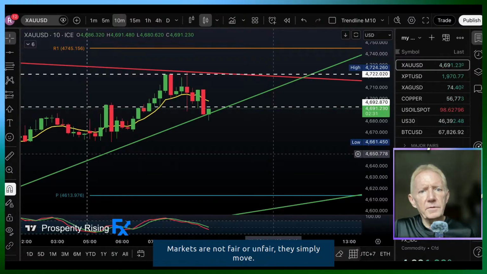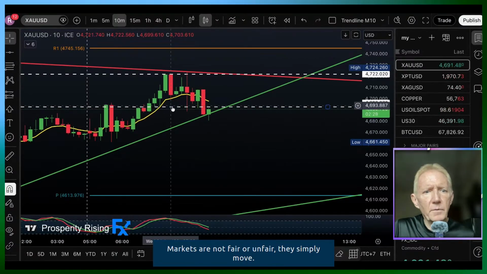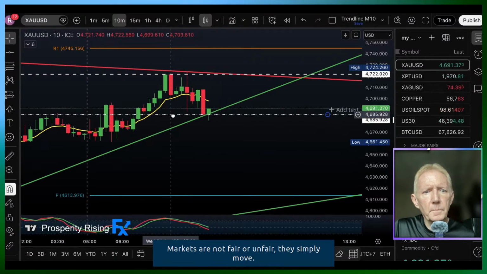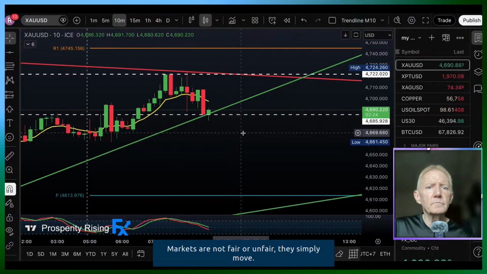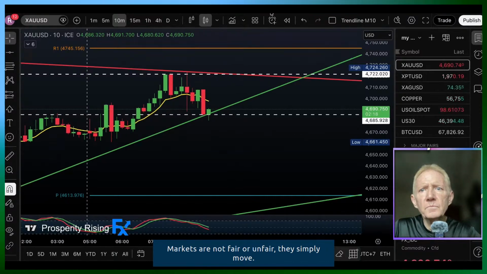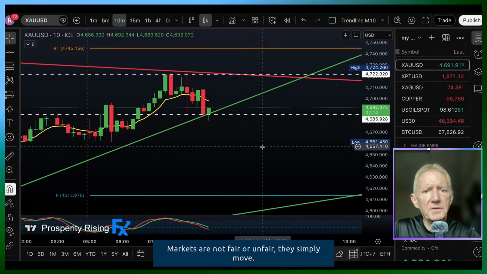Just kind of staying a little bit in that range, eh? This is certainly not the big move that we had yesterday. Yesterday was beautiful, eh? That was great.